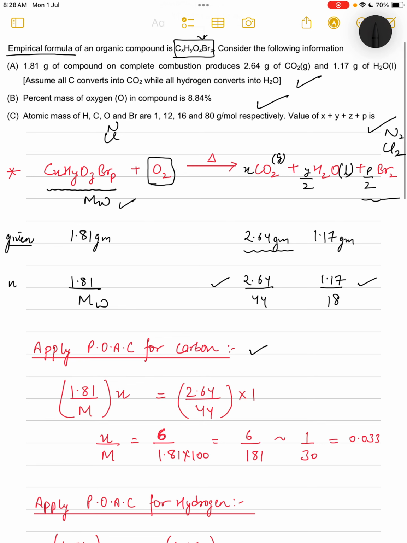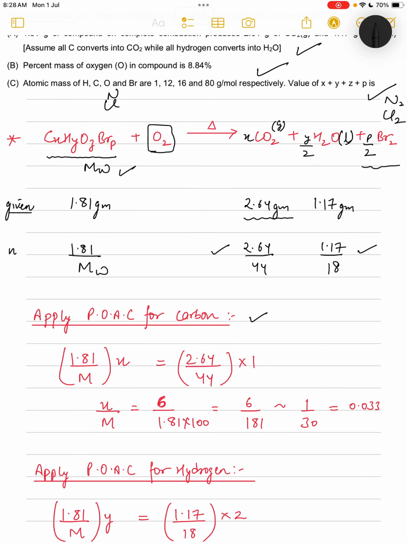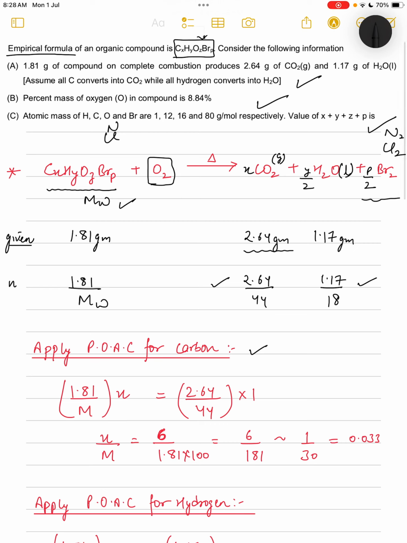Now here, the number of moles of organic compound available to us is 1.81 upon MW. We are applying POAC for carbon, right? Now if you see in the reaction, one mole of the organic compound contains x moles of carbon, right?